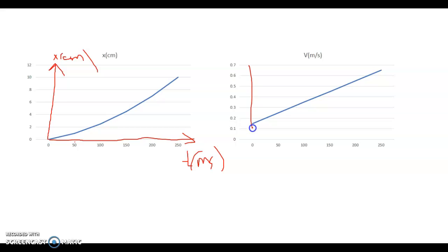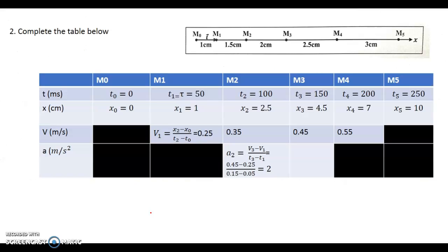Now concerning V also, you draw the axes. You have V here in meter per second, and T again in milliseconds. And the same thing, you have to consider a convenient scale. If you check the values, we have 0.25, 0.35, 0.45, 0.55, so as if you are counting by 0.10.